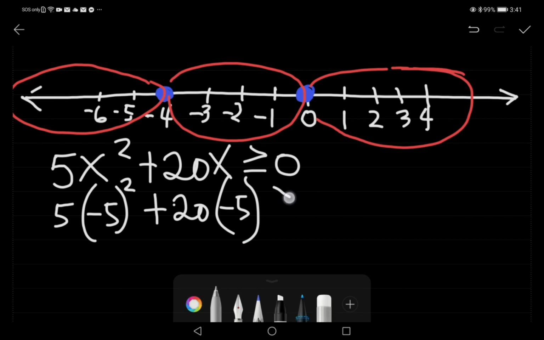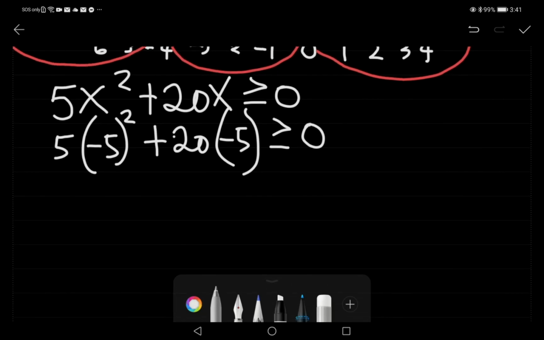This is greater than or equal to 0. So this is 5. Then negative 5 squared is positive 25. Then 20 times negative 5 is negative 100.